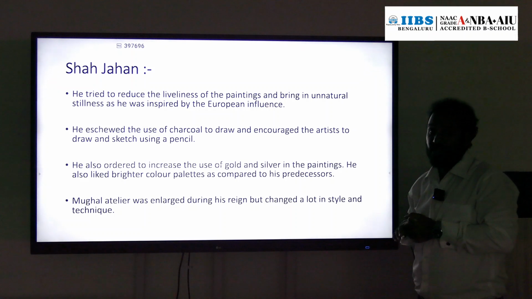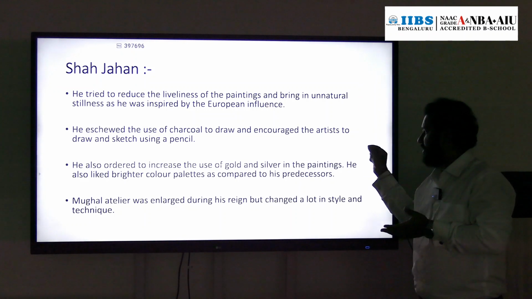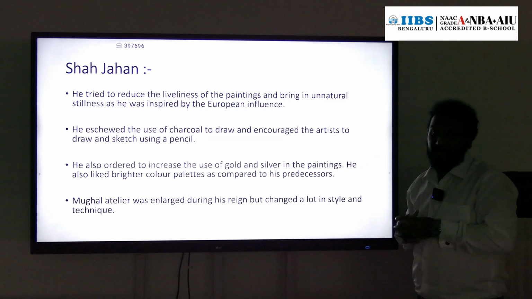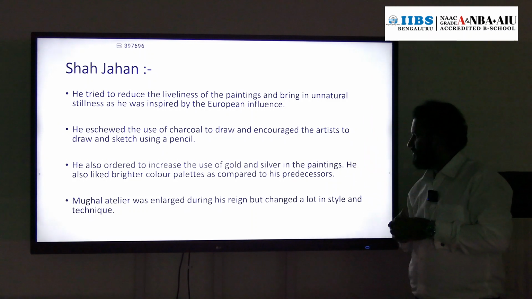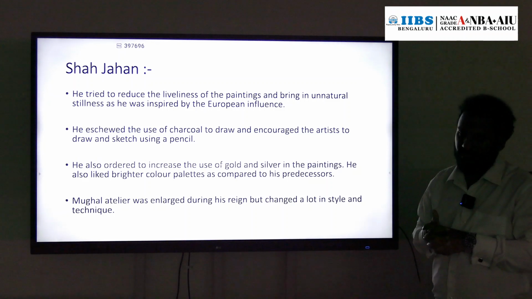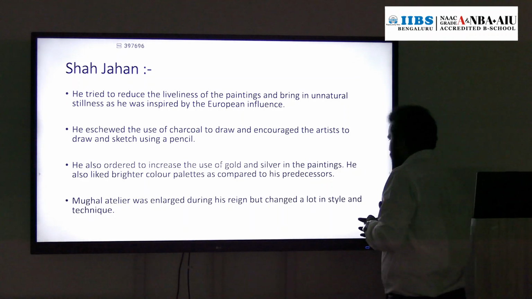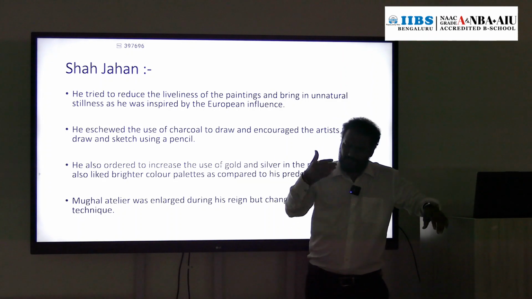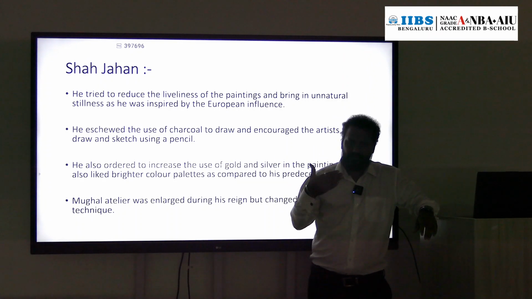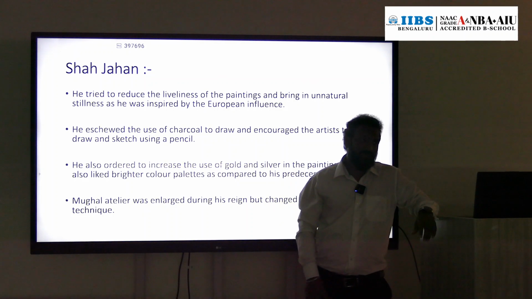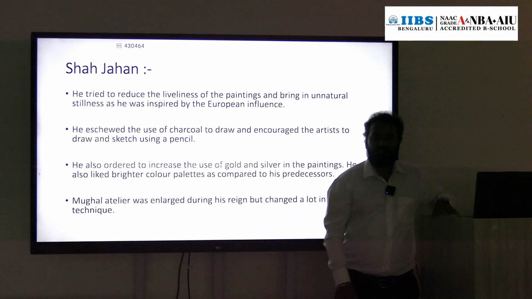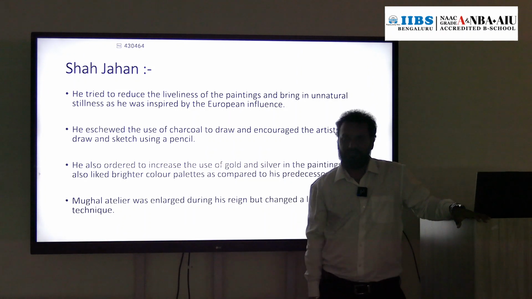He ordered the use of more silver and gold so that it looks brighter, and a brighter color palette was also used during Shah Jahan's time. The theme was the same, but they changed the style, with less liveliness. So this is about Mughal painting.